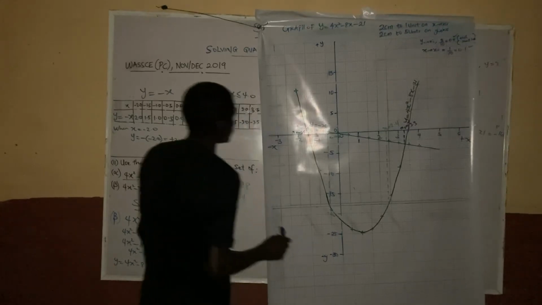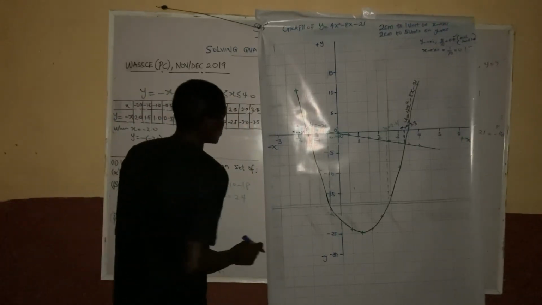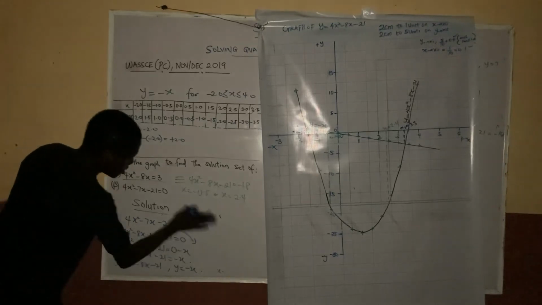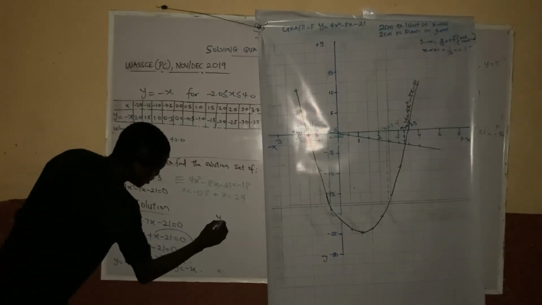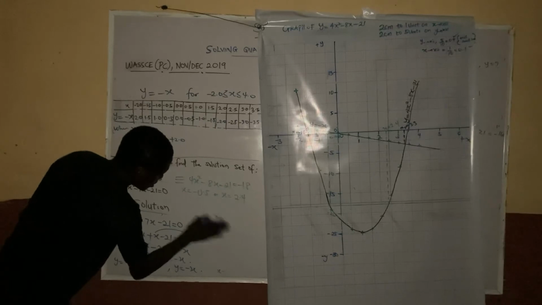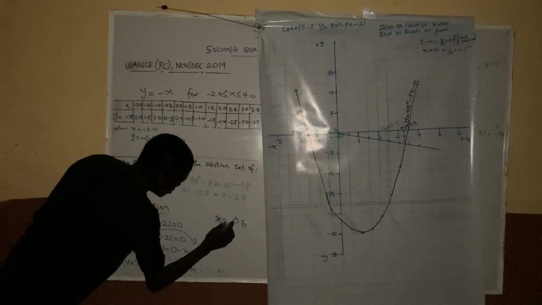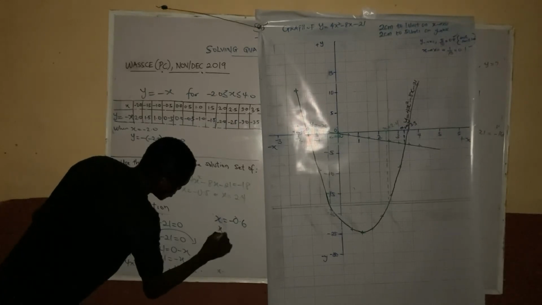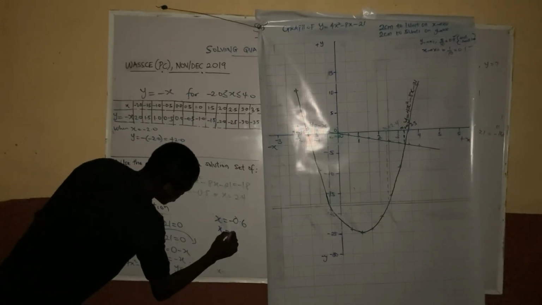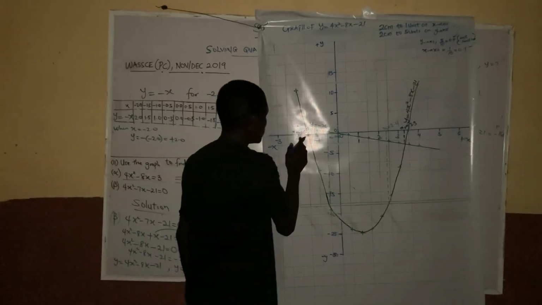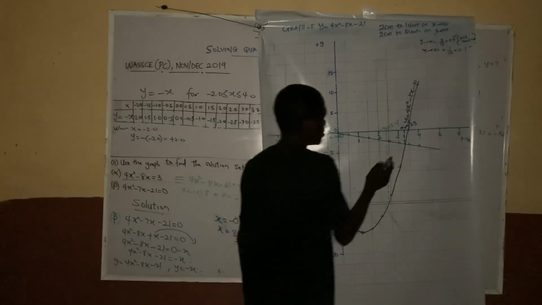So for this value now we have, y is equal to what? So x is equal to minus 0.6, and then the other x is equal to 3.3. So that's the final answer as you can see, and this one is 3.3.